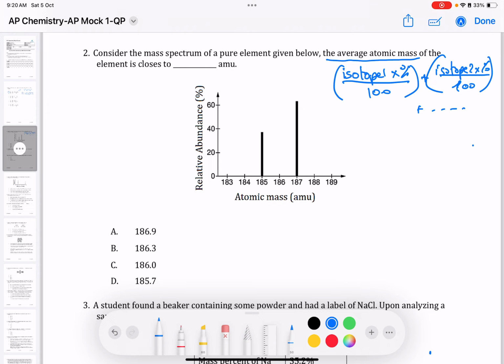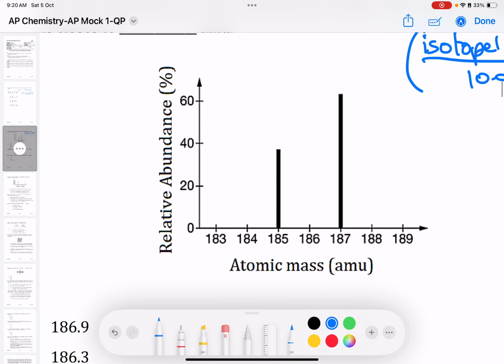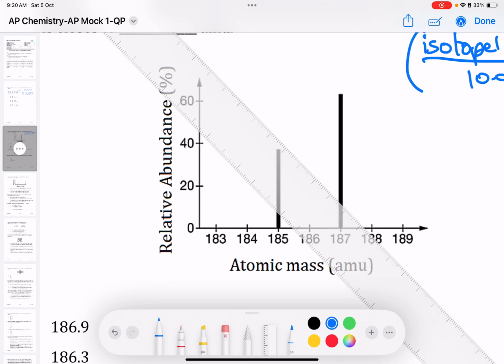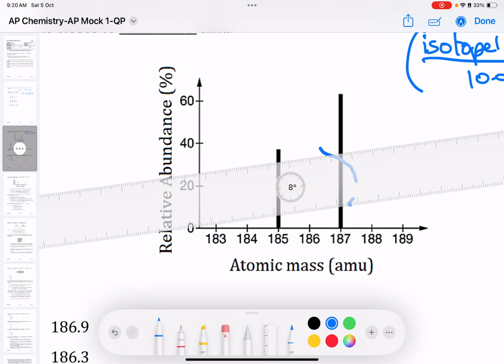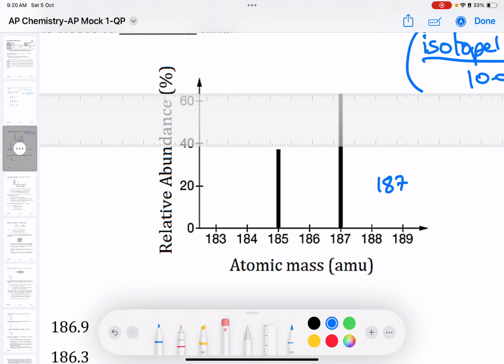Now looking at this graph, it seems that we have 2 isotopes. So let's try to almost find out the relative abundance of the first isotope, which is 187 atomic mass multiplied by almost 62%.